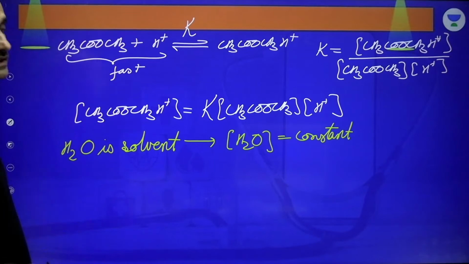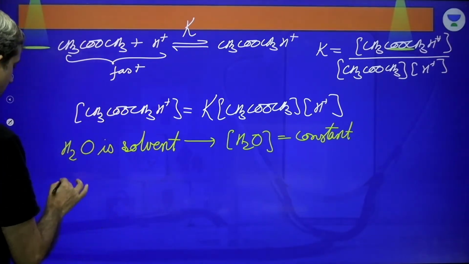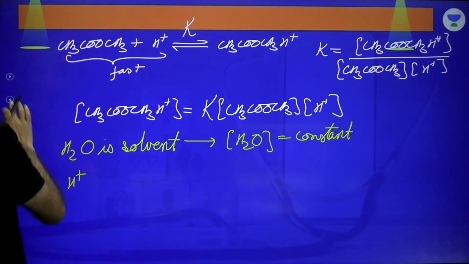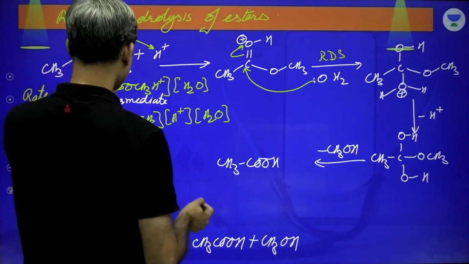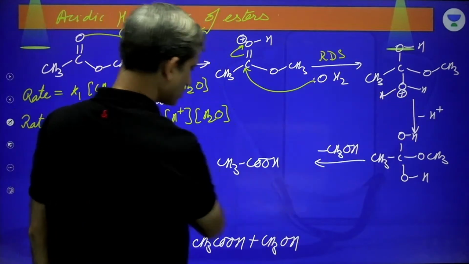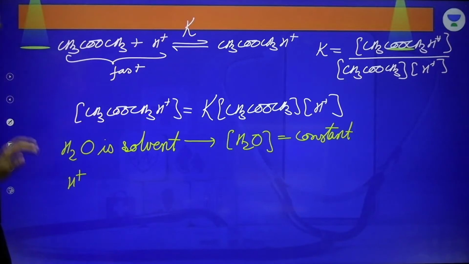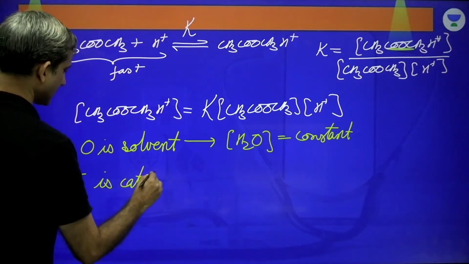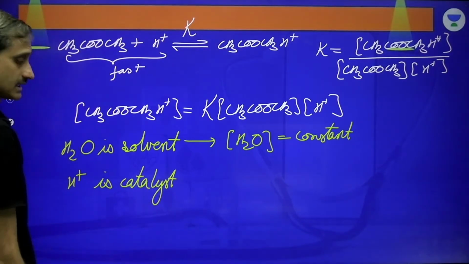Okay, so H2O is a solvent. Its concentration is constant. H plus, now see the interesting thing: H plus is consumed in the first step and is formed in the third step, and then it is not consumed. H plus is a catalyst.